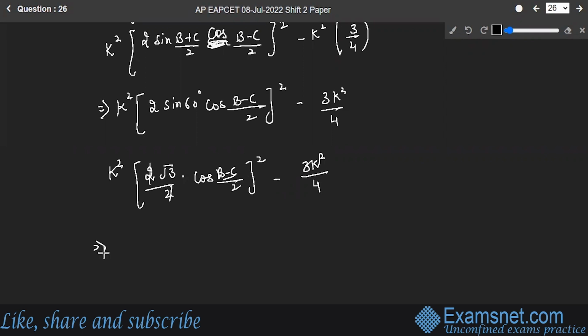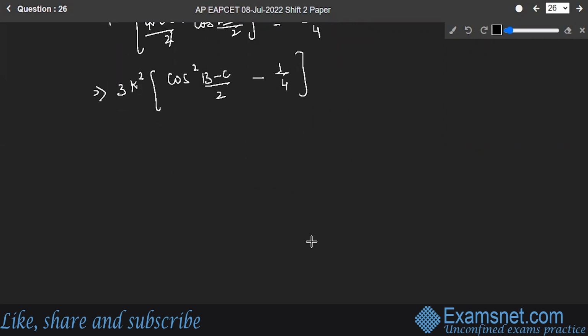They will cancel out and you will have 3k² [cos²((B - C)/2) - 1/4]. Right, now let's solve it further. And what I'll be doing next step, I'll say 3/2 k² [2 cos²((B - C)/2) - 1/2].